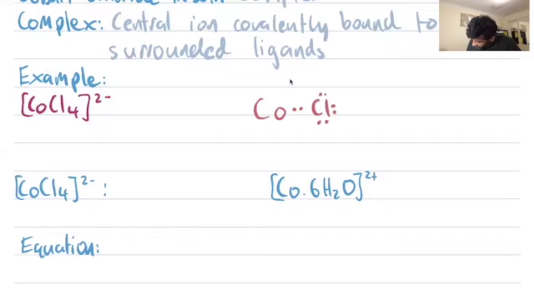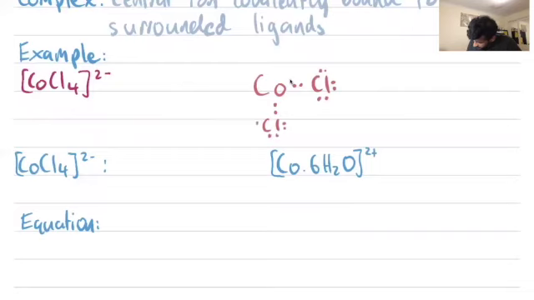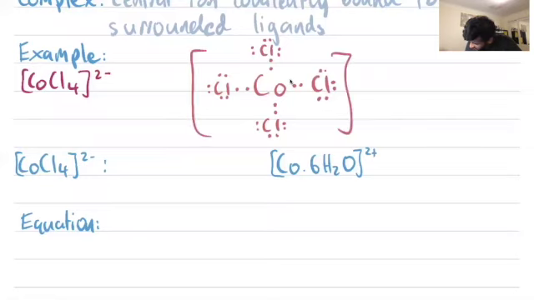It's going to end up looking something like this. I just drew a Lewis dot diagram so we could very clearly see that it was a covalent bond. Overall, the charge would be 2 minus, so I'd have my square brackets and 2 minus. Don't stress too much about what a complex is for now, but just know that it forms a complex in solution, and that's why it has these unique colors.